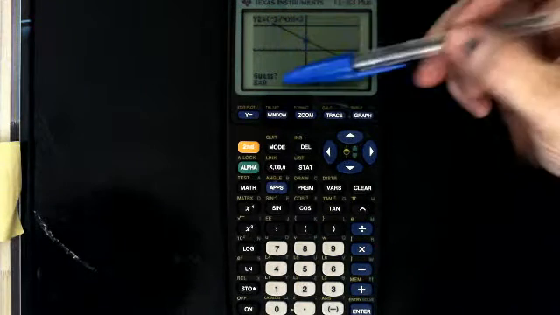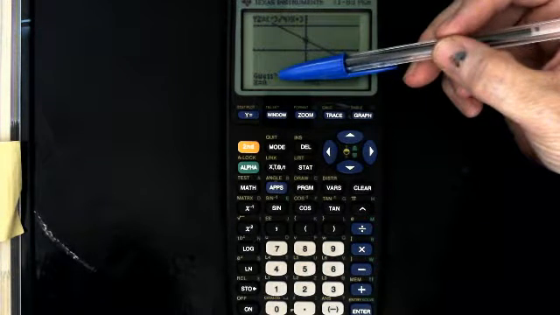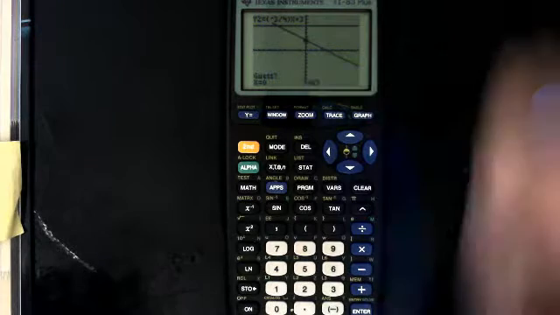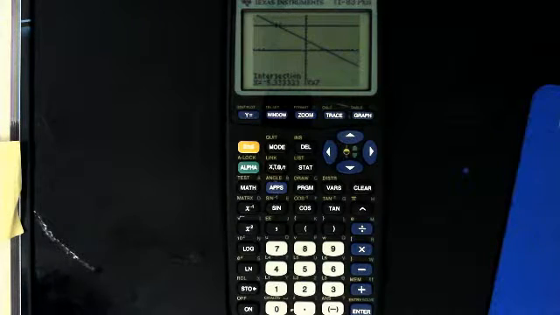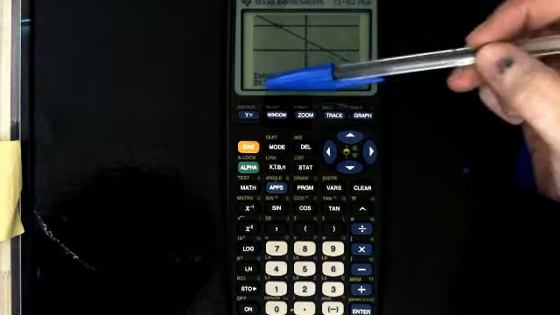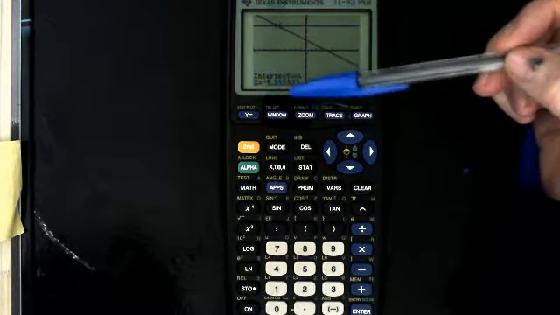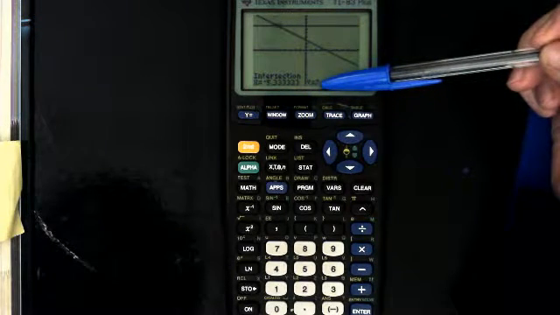Okay, and then the calculator is saying, do you want me to guess where those two lines intersect? And we're like, yeah, we want you to guess where those two lines intersect. So you hit enter again. And if you'll notice now, the cursor jumped to where the two lines intersect. They intersect at x equals -5.333333, and y is 7.